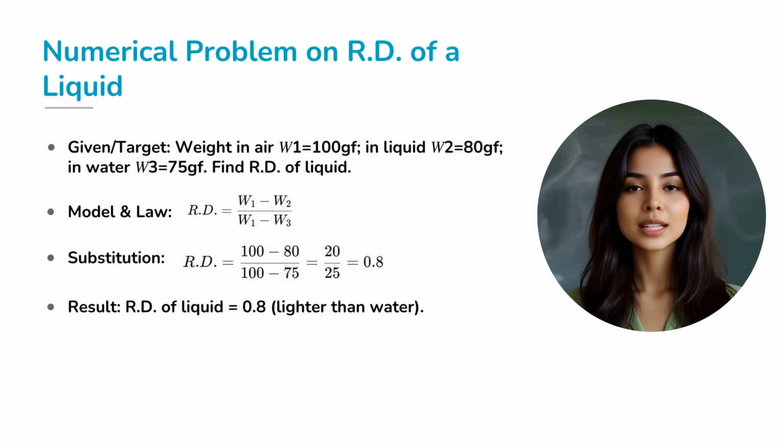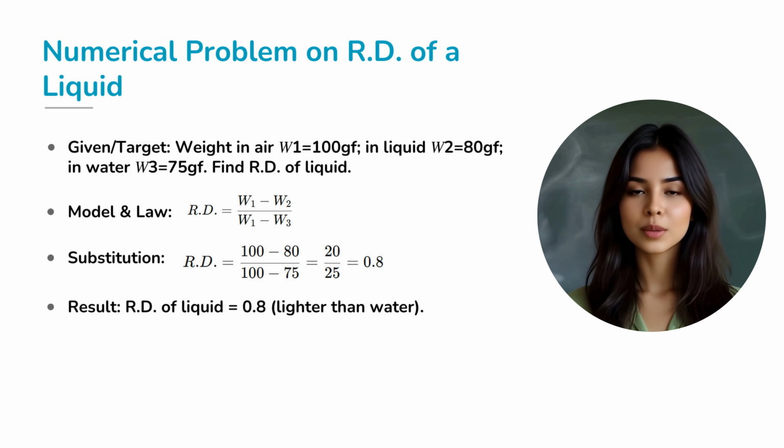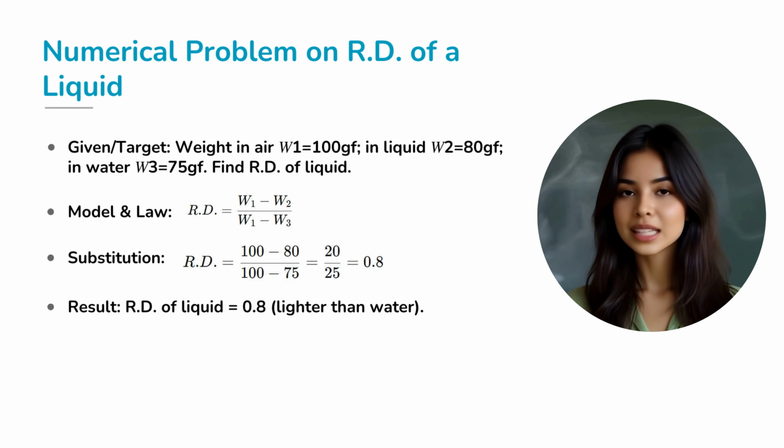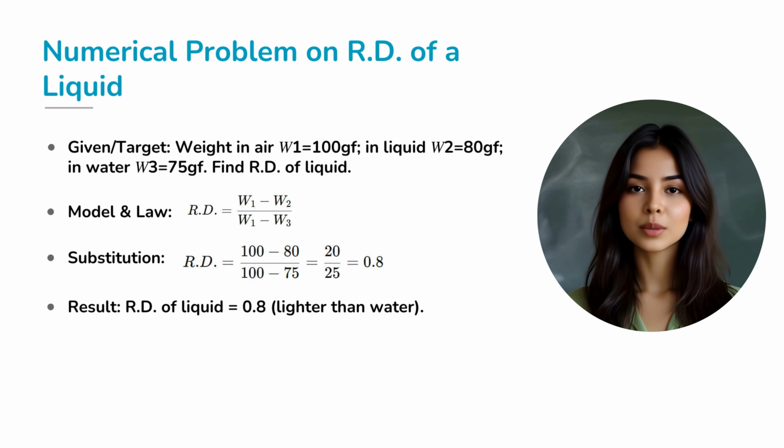So, relative density of the liquid equals (100 minus 80) divided by (100 minus 75). That equals 20 by 25, which simplifies to 0.8. This means the liquid is lighter than water because its relative density is less than 1.